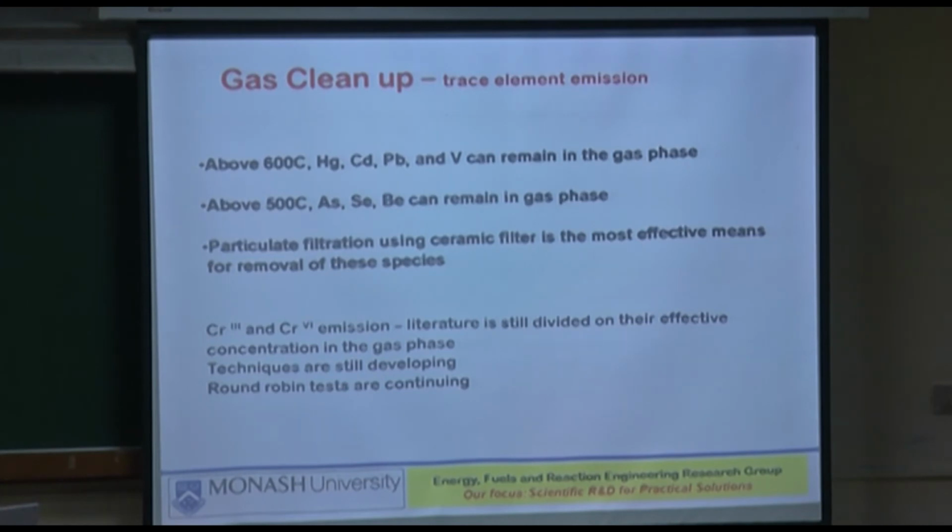This is something that you should also look at, Sachin, as to what happens to chromium 6. How many people actually do talk of chromium 6 emission? 15 years ago, no one used to bother. But then when CCS became the focal point, you have to have deep cleaning of the gas.